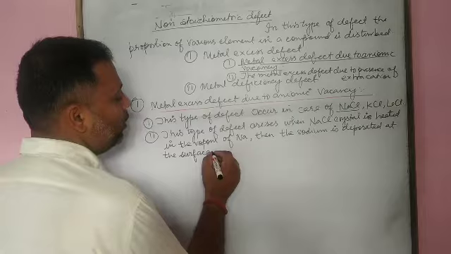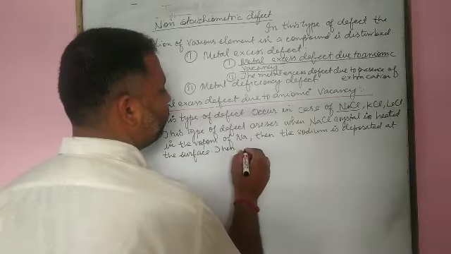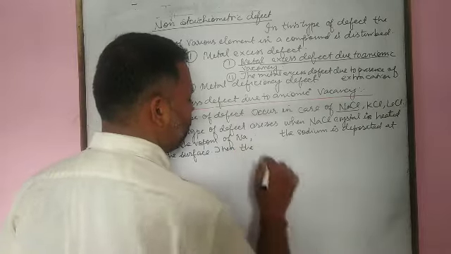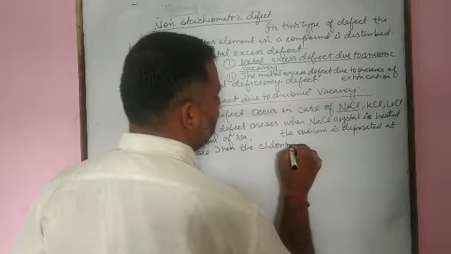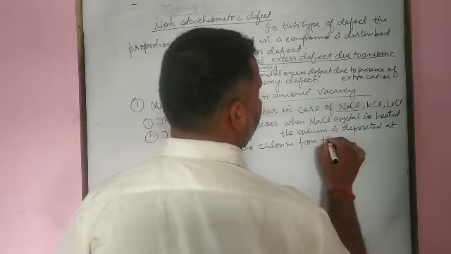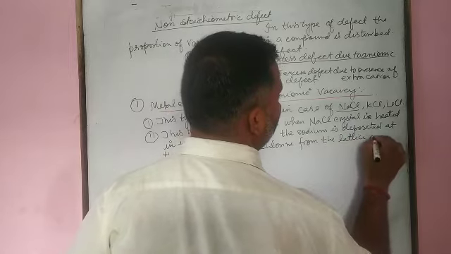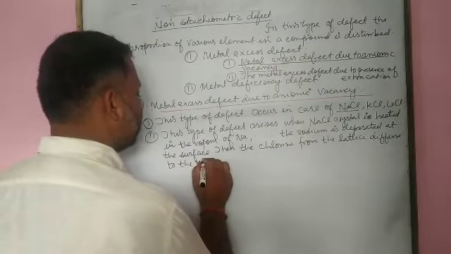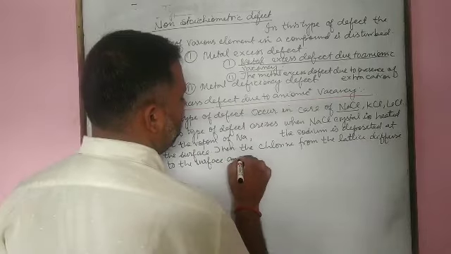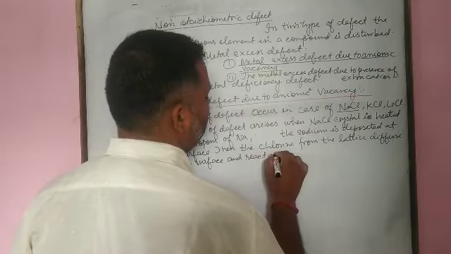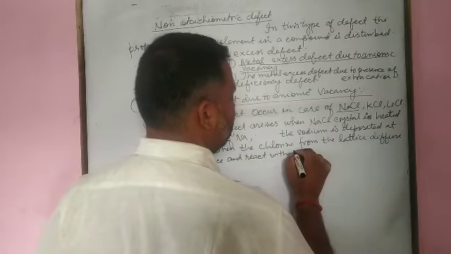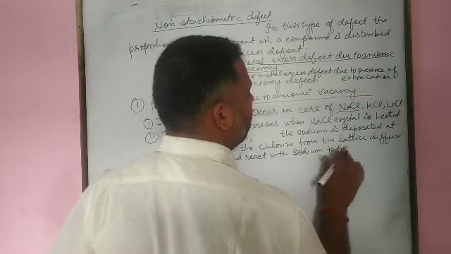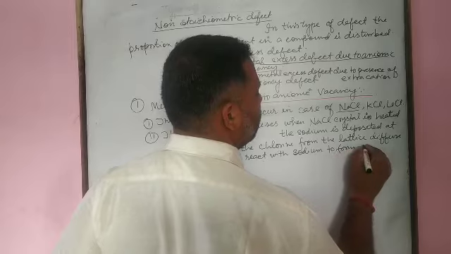Then the chlorine from the lattice diffuses to the surface and reacts with sodium to form sodium chloride.